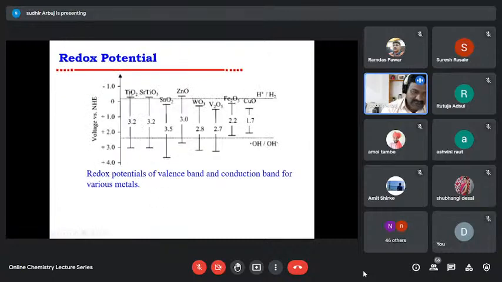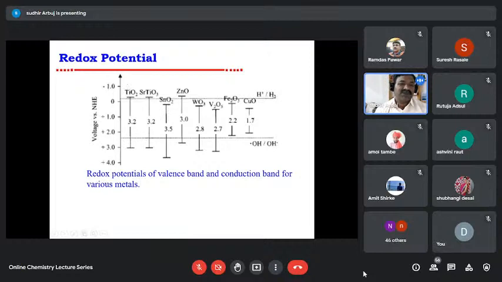So this is the redox potential of various semiconductor materials: TiO2, SnO2, zinc oxide. Let's see here. This is the conduction band level of the semiconductor, and this is the valence band level. In the case of TiO2, the conduction band level is slightly more negative than the hydrogen evolution potential. So TiO2 can generate hydrogen using water splitting.